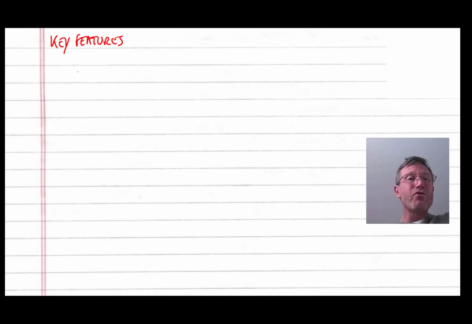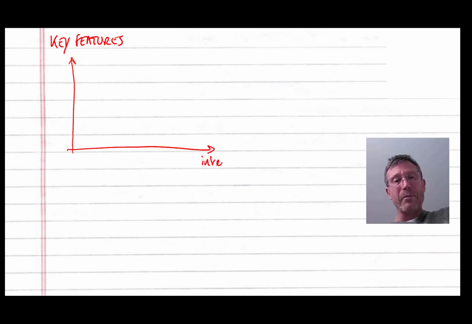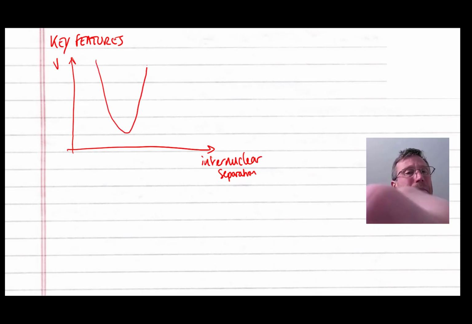Okay, I'm going to draw another graph in here now, and it's more or less the same graph. This is internuclear separation, and we're zooming in, if you will, on the bottom of that quadratic, and what we're going to find are that these energy levels are quantized.